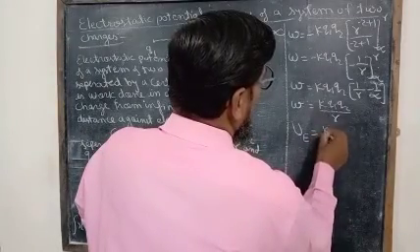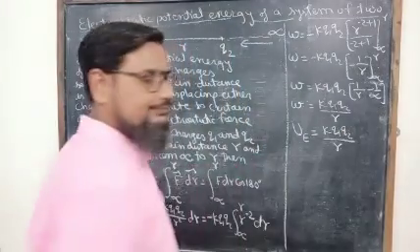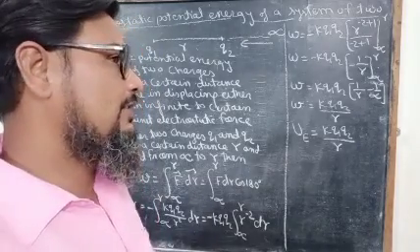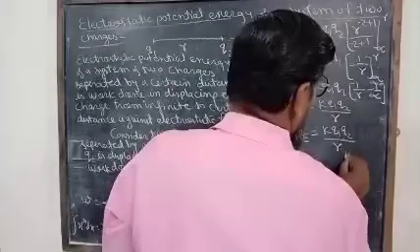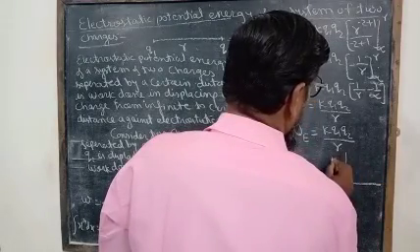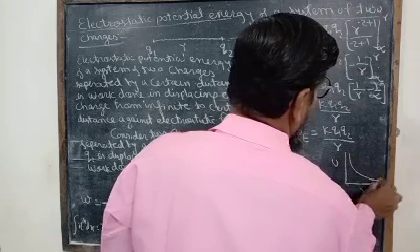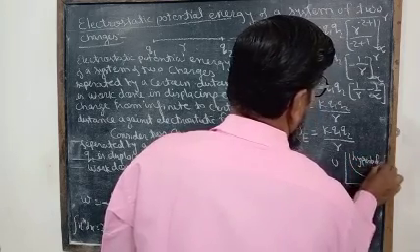UE is equal to K Q1 Q2 upon r. This is the potential energy of a system of two charges. If the variation is considered between U and r, the shape of the curve will be hyperbolic.